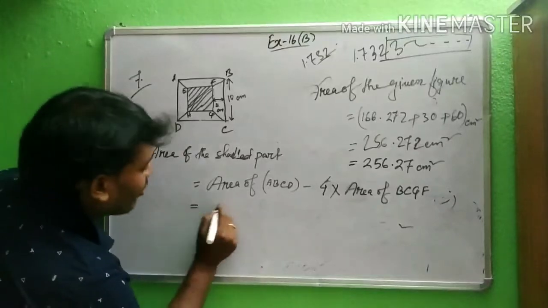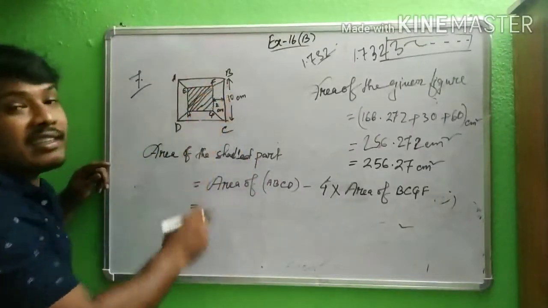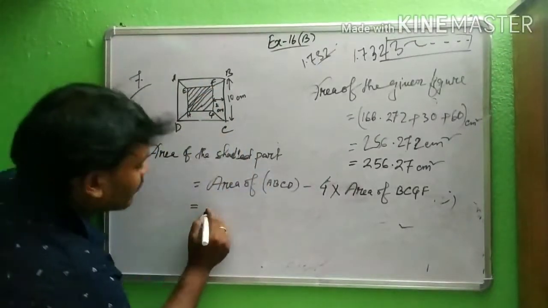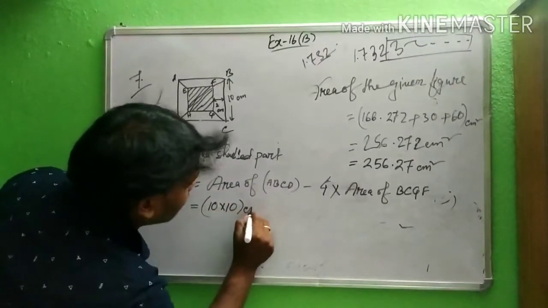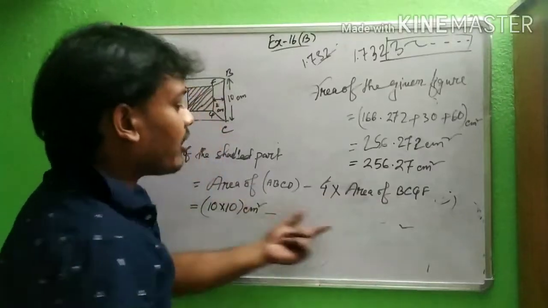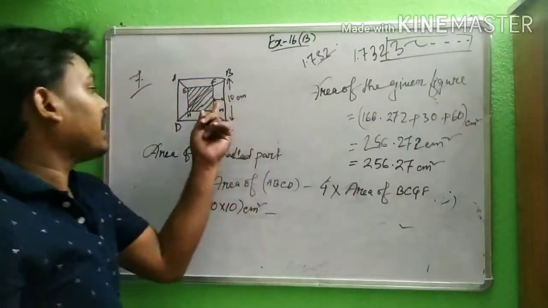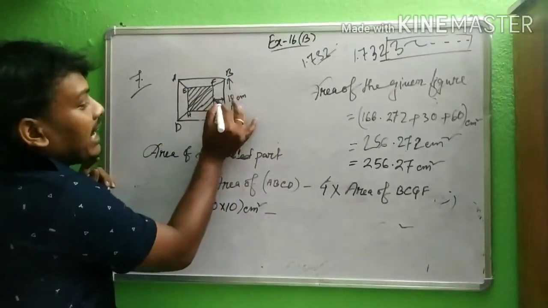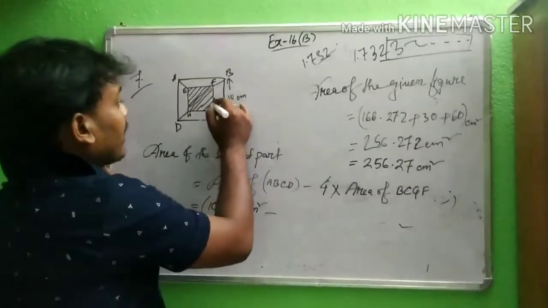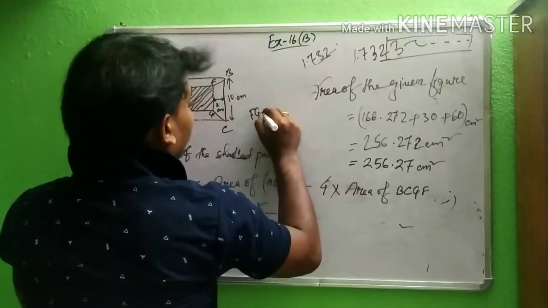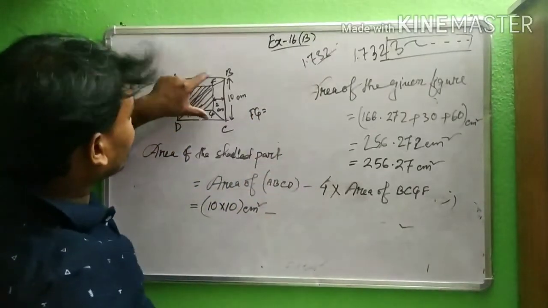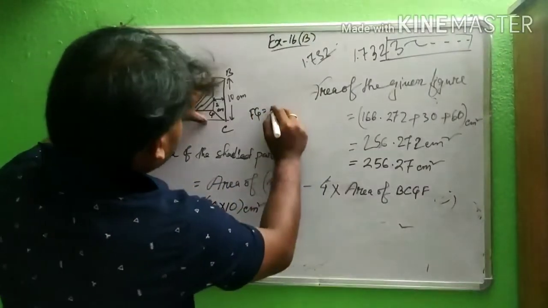So ABCD is a square. The area of the square is side into side, 10 into 10 centimeter square, minus 4 into the area of the trapezium BCGF. This one is the height of the trapezium. And what is the value of FG? The total length is 10.